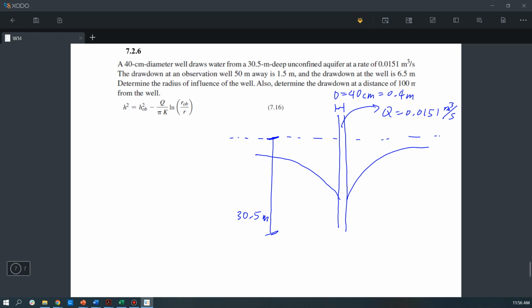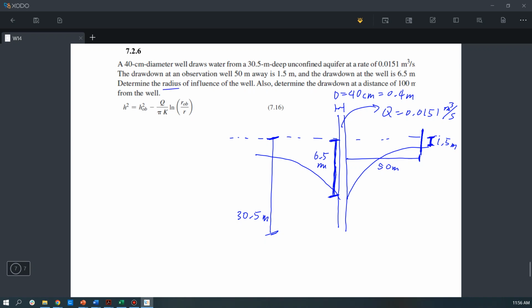We have an observation well, for example here, which is 50 meters away, and this drawdown is 1.5 meter, and the drawdown at the well itself, this part, is 6.5 meter.